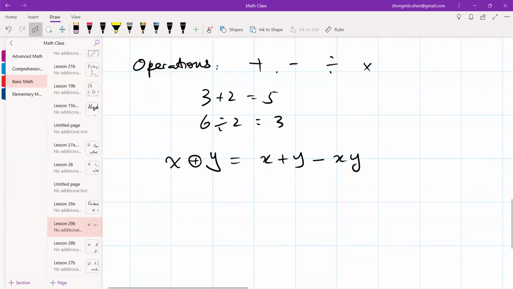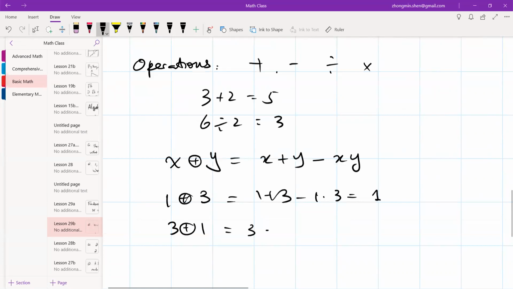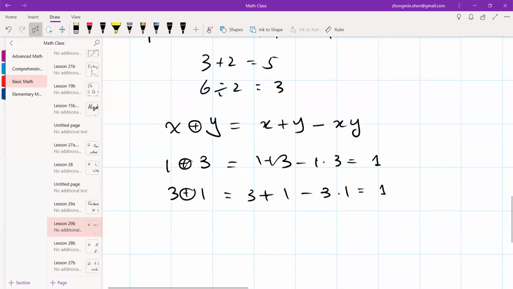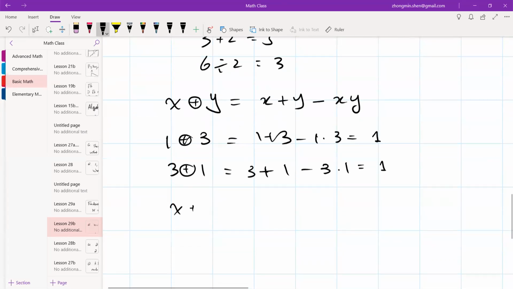So then you can calculate 1 circle-plus 3, which is going to be 1 plus 3 minus 1 times 3. So the answer is 1. If you interchange, 3 circle-plus 1 is 3 plus 1 minus 3 times 1. It's 1.